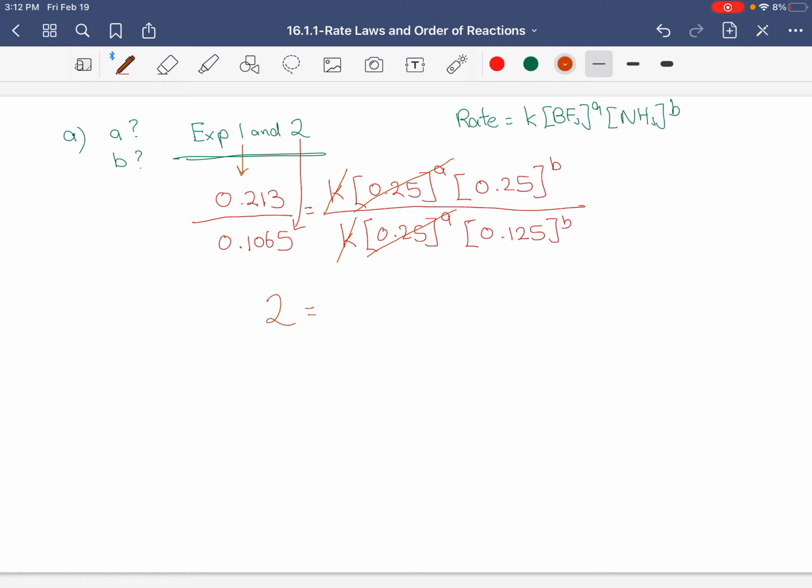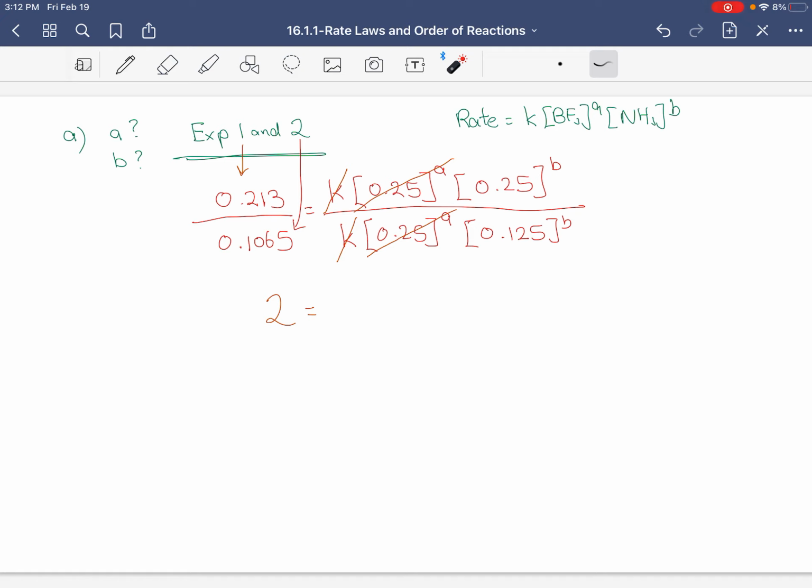2 is equal to, well, under the law of exponent, I'm a little ahead of myself, you can divide these two, okay?